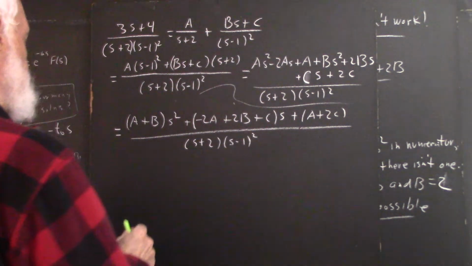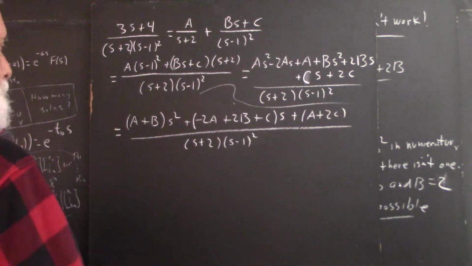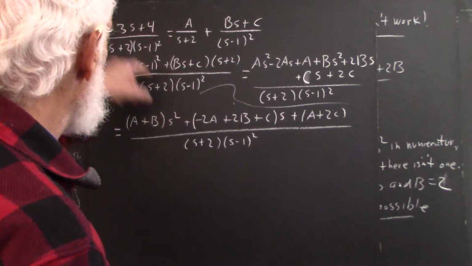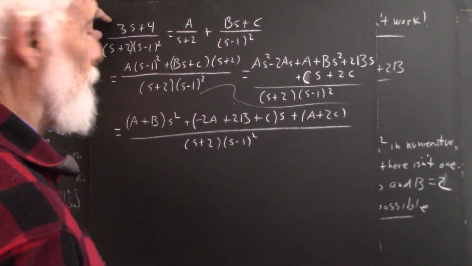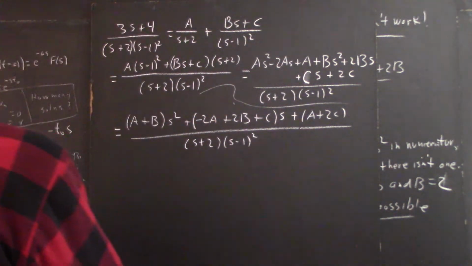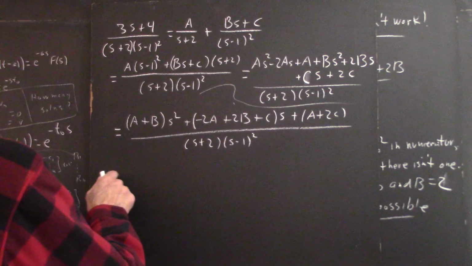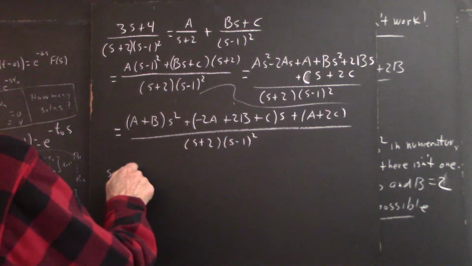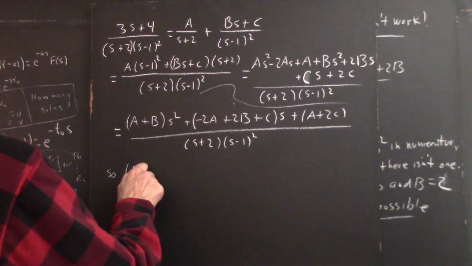So, I was going to circle some stuff, but I'm not going to do it. Coefficient of s squared, well, so this has to equal 3s plus 4, right? I better write the whole thing out just to make sure.